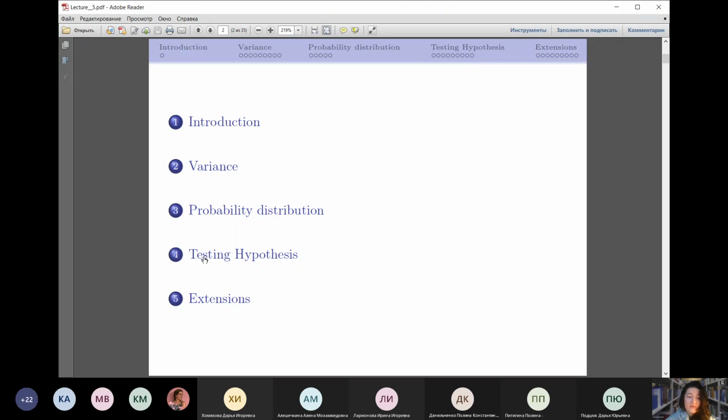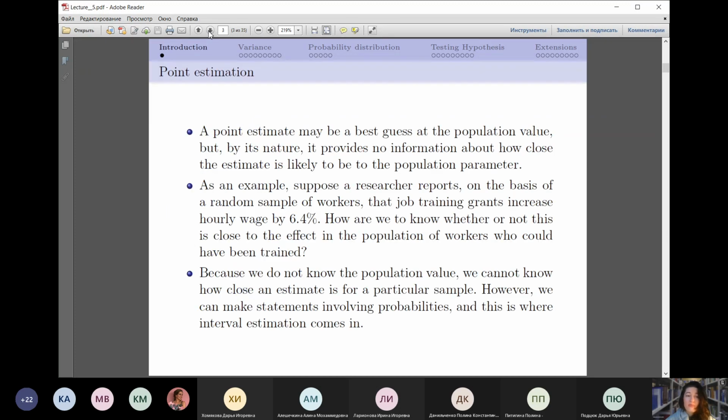But first, let's start with the interval estimation of the coefficients. So what is the problem with the point estimation? A point estimate, of course, might provide us with the best guess of some population value.